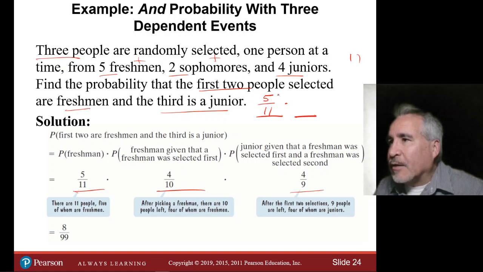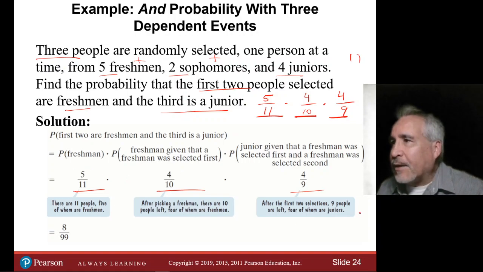For the second one, since we have to assume we chose a freshman, we're down to 4 out of 10. See, it's just like doing permutations, really. And then the third one is a junior, so we're choosing out of these 4. There's 4 juniors left, but now how many total people? Not 10, we chose 1 here, so there's only 9 total people, right?